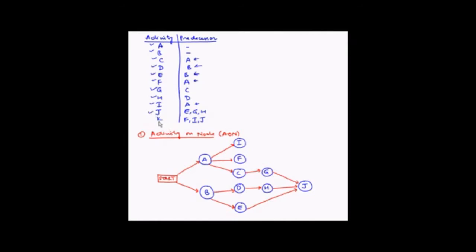Next is K, which is dependent on F, I and J. So F, I and J. So let's draw this.